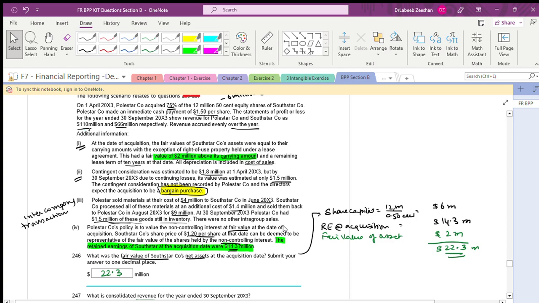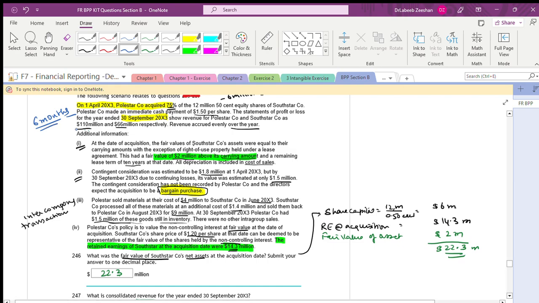You see the reason is that this is on April 1st Polestar acquired, and the statement of profit and loss is for how much? On September 30th, 6 months. I will write that there. This is very, very crucial for us.